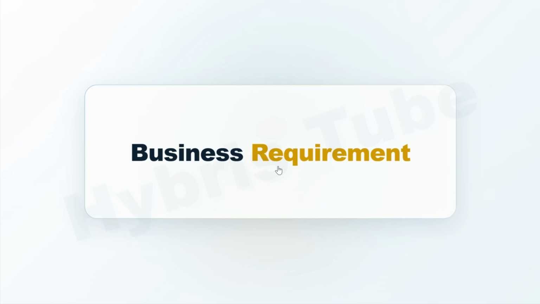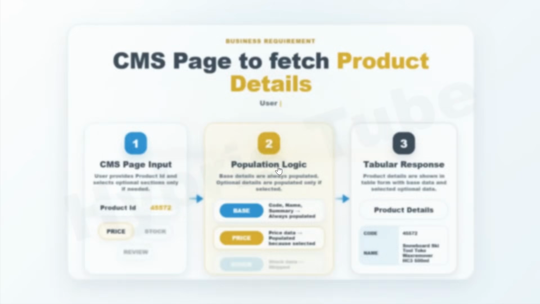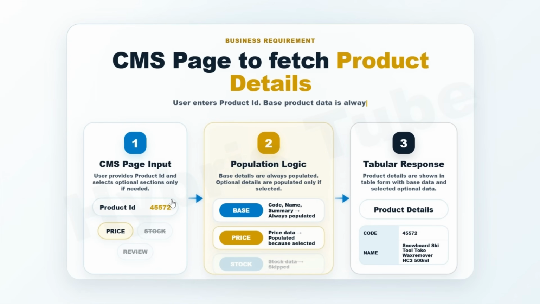Now let's start understanding this topic using a business requirement. The requirement is to create a CMS page allowing the user to fetch the product details based on the product ID. If the user doesn't select any of the optional data like price, stock, and review, then fetch the basic details of the product like code, name, and summary in tabular form.